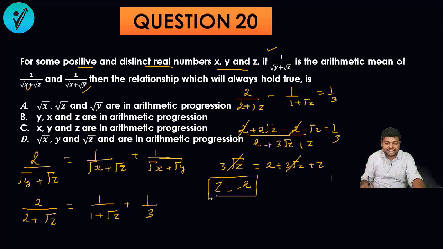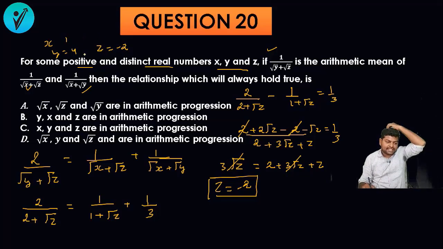Am I getting any relation between x, y and z? The x I assumed was 1, x was 1, y was 4 and z is minus 2. So can we establish any relation between x, y and z? So 1 minus 2 z, okay, so we have z, then we have x and we have y.